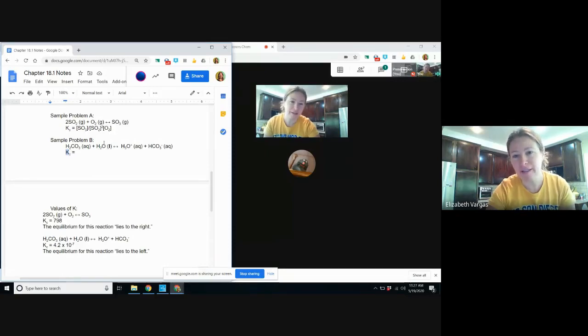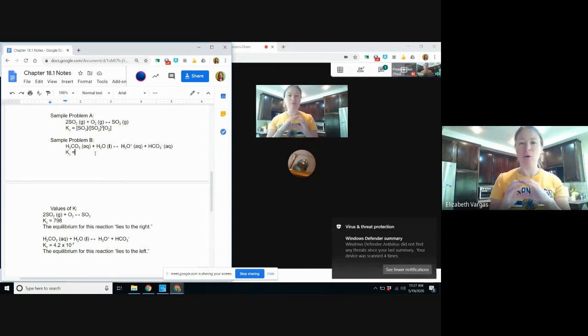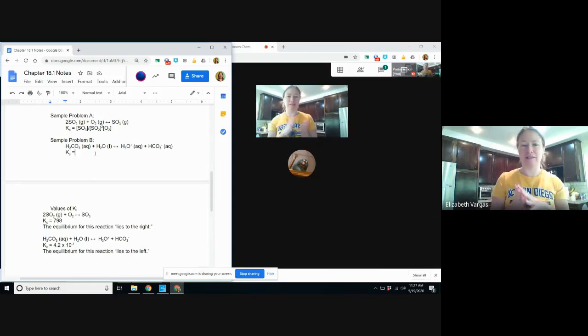And if you had a solid in there, you would leave that out too. And that just has to do with the concentration of a gas can change very easily when it's reacting. But if you have a solid thing, how many moles per liter are there? If you lose moles, you're losing liters. So the concentration technically doesn't change. So that's why we don't put that in there.